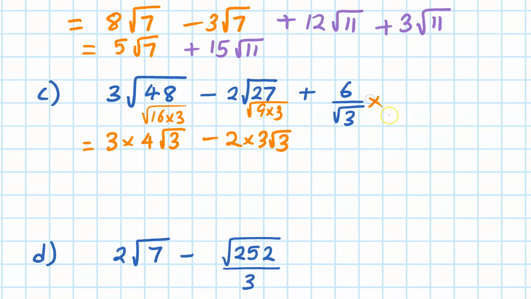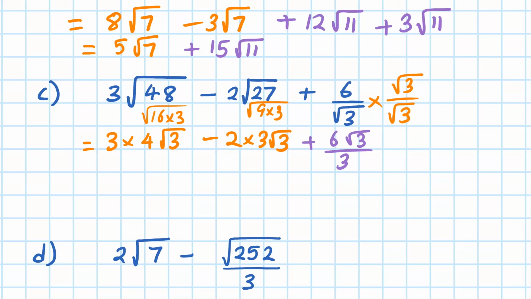And this one I need to multiply both numerator and denominator by root 3 to rationalize the denominator. Hence what I get here is 6 root 3 on root 3 times root 3, root 9, which is a 3. Now you can see we are doing things in our head as well, just to make it quicker. That's what you need at the end anyway.